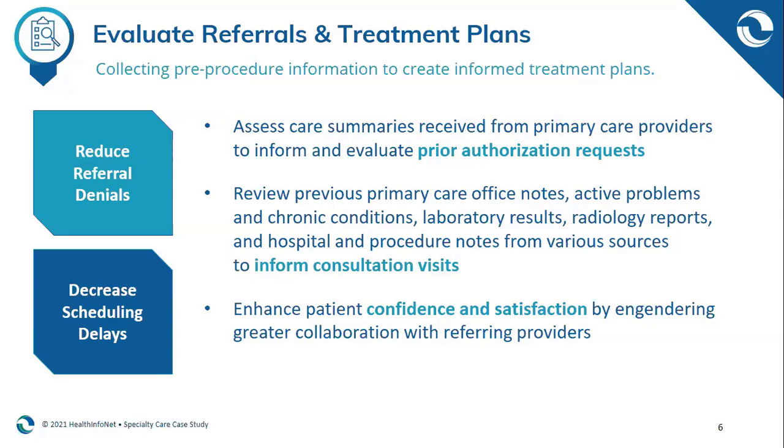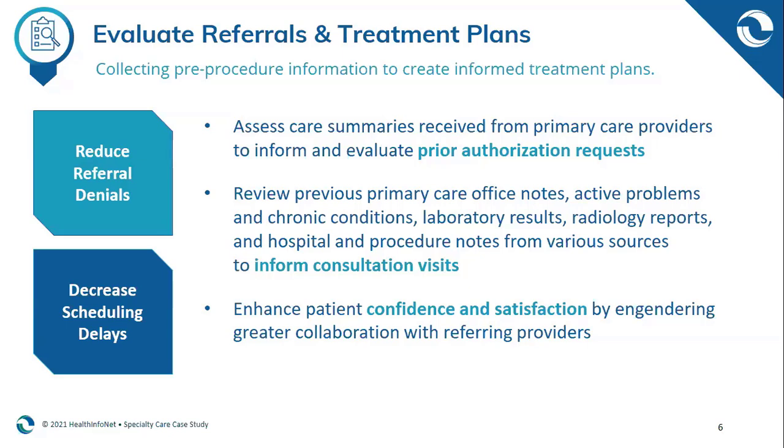These would include your active problems that the patient has with chronic conditions, like lab results, radiology reports, very important for your orthopedic patients, hospital and procedure notes if they happen to be in a hospital. And lastly, and I find this as a nurse myself, I find this part very important.